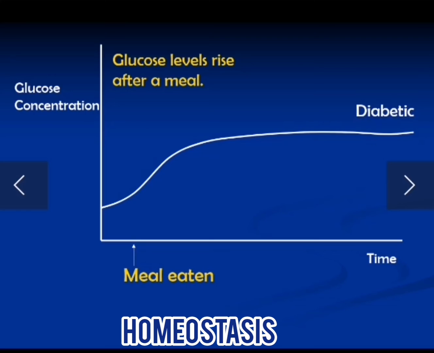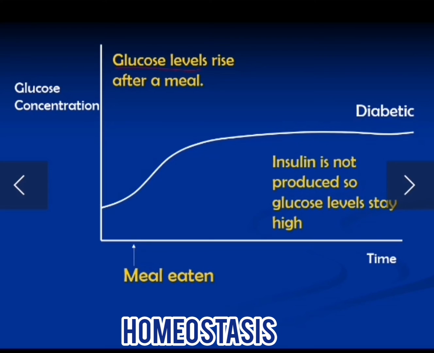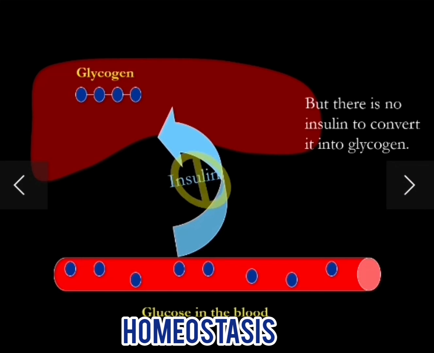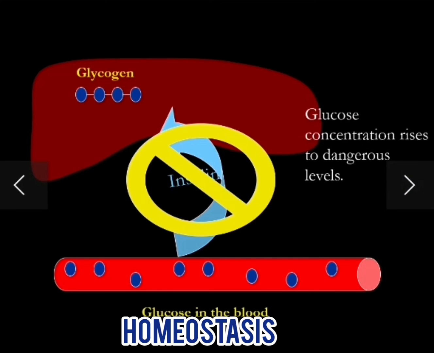When somebody has diabetes, the glucose level rises after a meal, but insulin is not produced enough, so the glucose level stays high. Insulin is not produced to turn glucose into glycogen. So the insulin is not working or not secreted in enough amount.